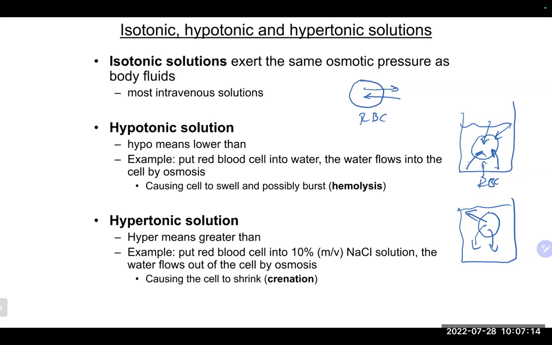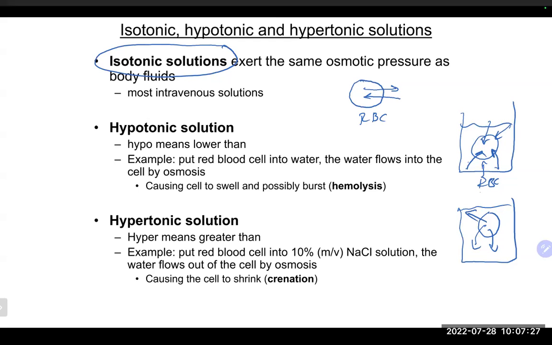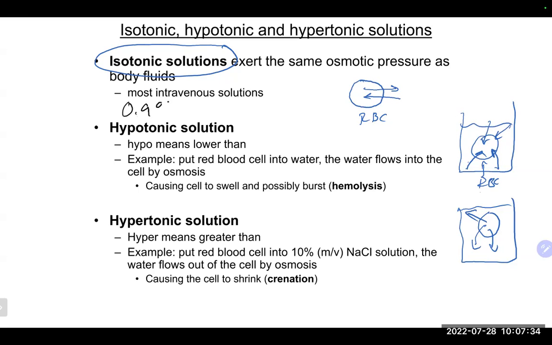And depending on the situation, it could be a good thing or a bad thing in this particular case. How do we know what is an isotonic solution and not an isotonic solution? So there's typically two groupings of solutions that we think about. One is a 0.9% mass to volume sodium chloride solution. So a 0.9% sodium chloride solution or saline solution, could be any type of ionic solution really, but most of the time is sodium chloride, is considered isotonic.